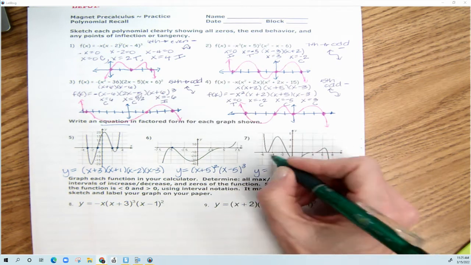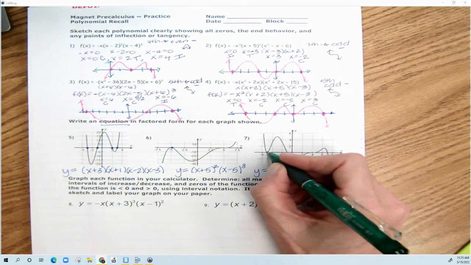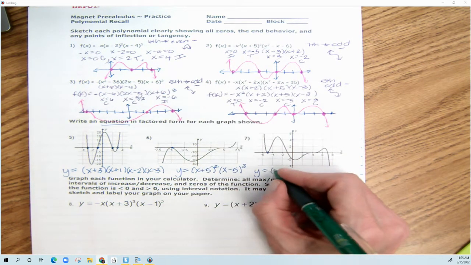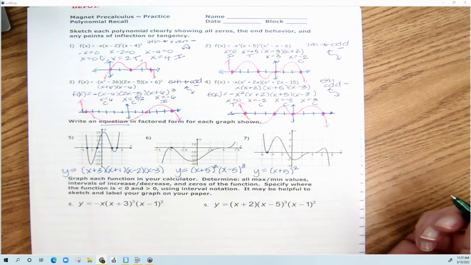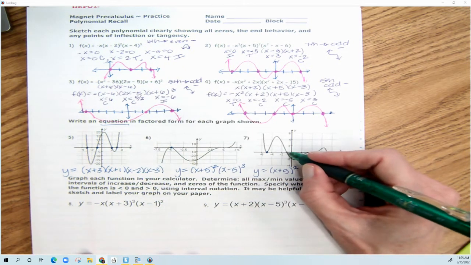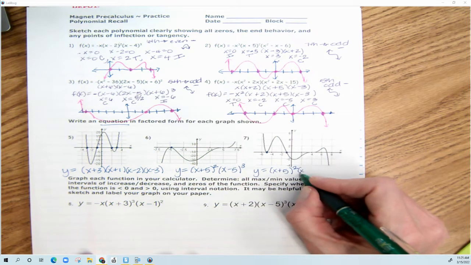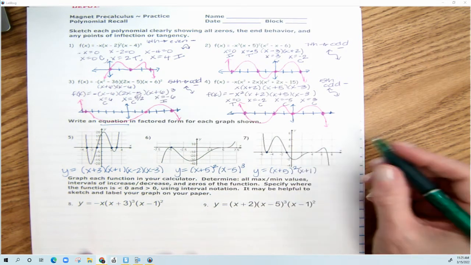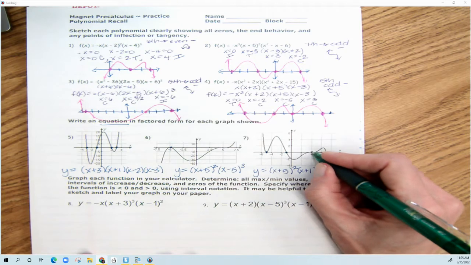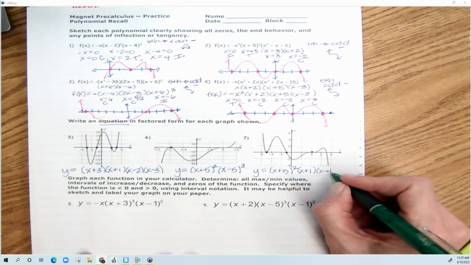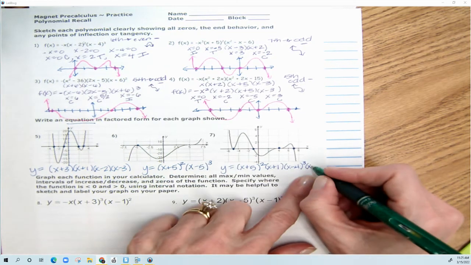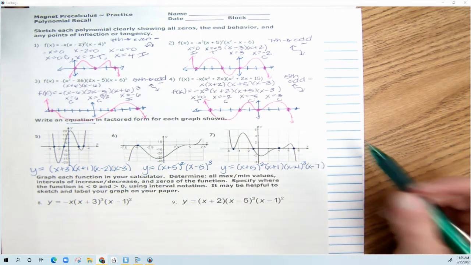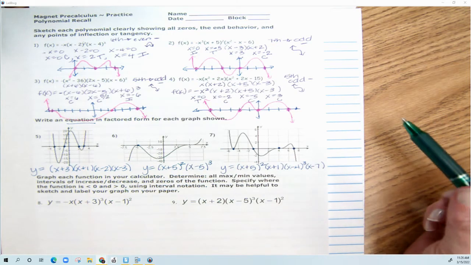Last one, I have negative 5, so that would be x plus 5, and it's tangent, so squared. I have negative 1, that's x plus 1, and that just crossed. I have 4, so that's x minus 4, and that's an inflection, so you want to cube it. And 7, which is x minus 7, and a cross, so no exponent.